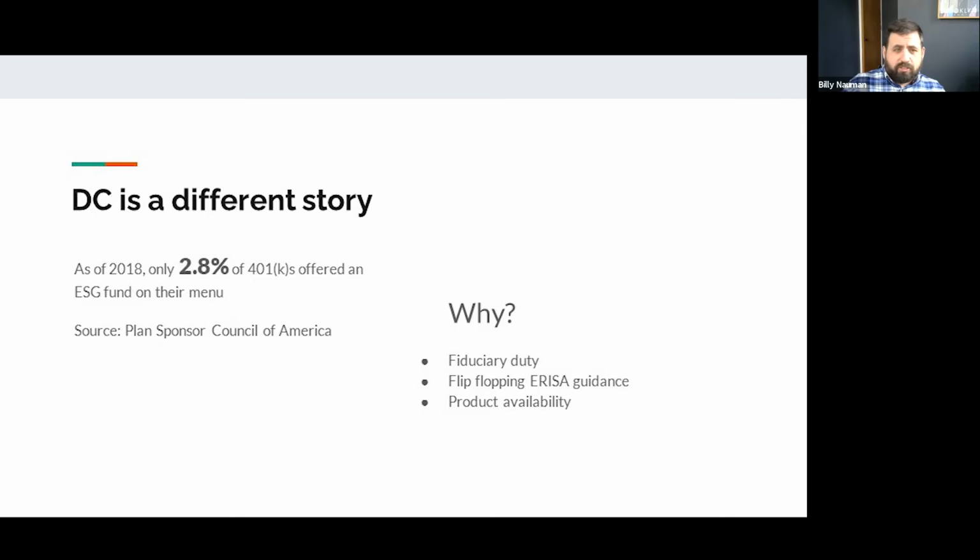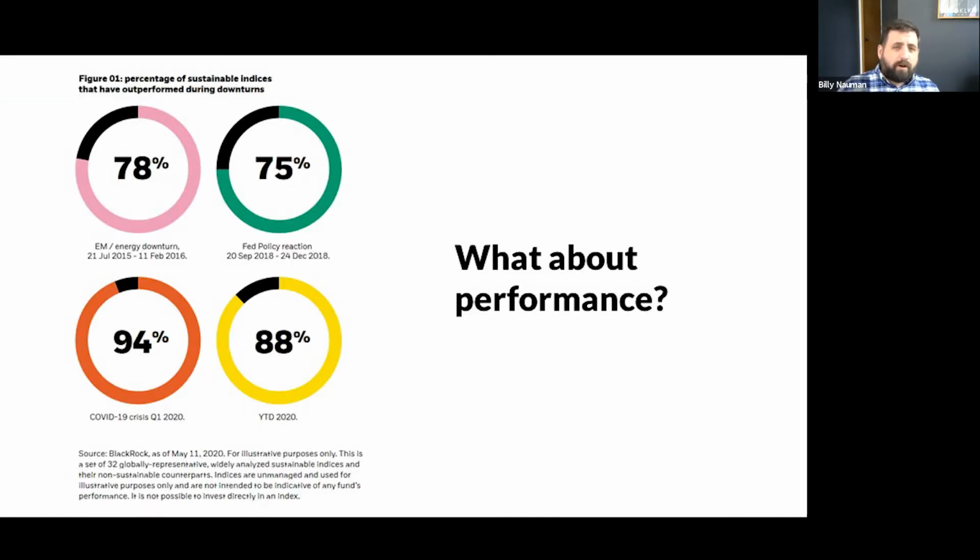You see in other jurisdictions, like the UK, this is not as much of a problem. BlackRock just rolled out a big suite of target date funds or multi-asset funds that include ESG funds as their building blocks. But until there's more clarity around how exactly these will be handled by the regulators in the US, we're kind of stuck in a holding pattern.